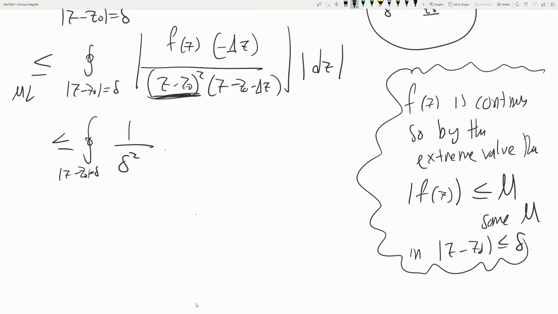If you have questions about this, please let me know. So that replaces f. We still have delta z, and we still have this difference.